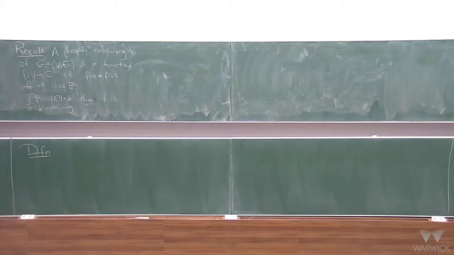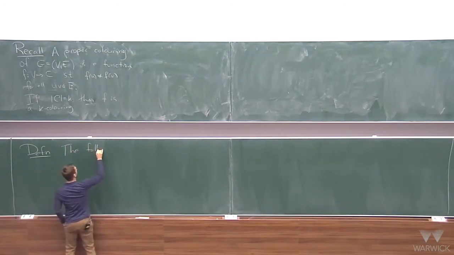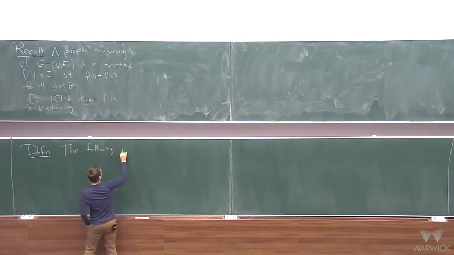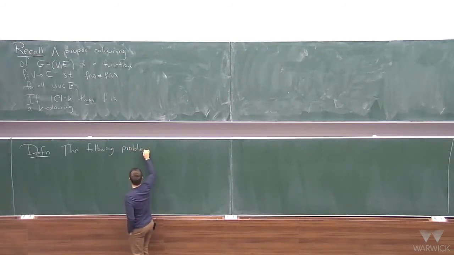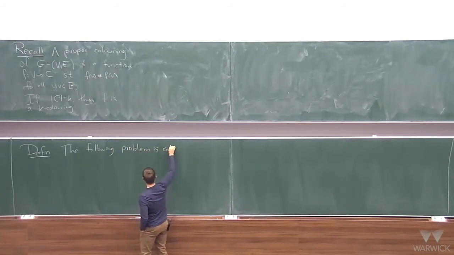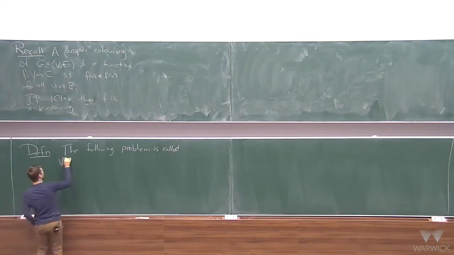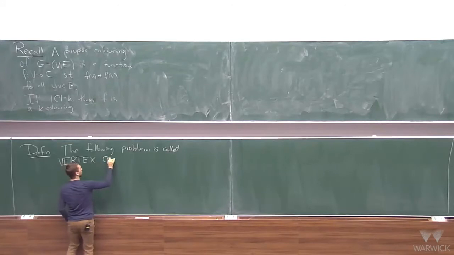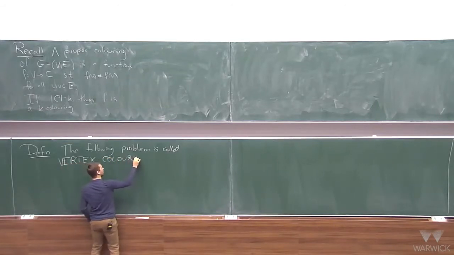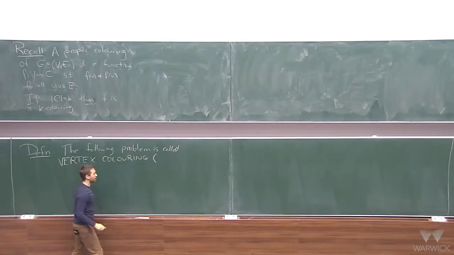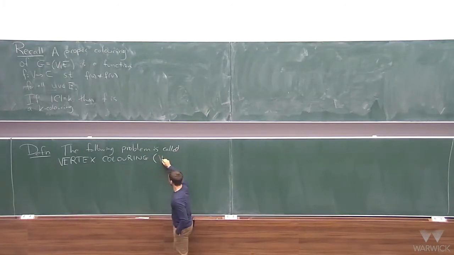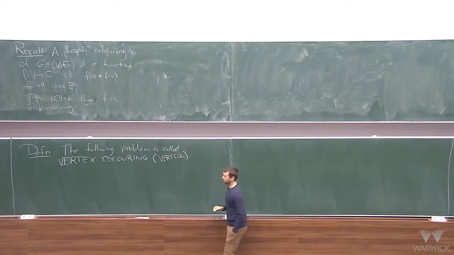I want to now define a decision problem. So the following problem is called vertex coloring, which is a bit of a too long name, so I'm just going to call it VertCol.